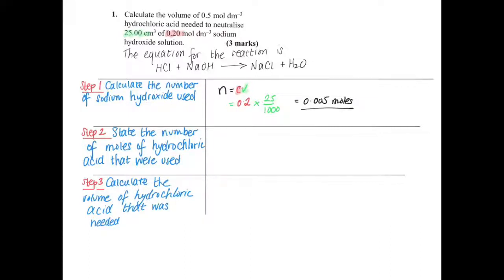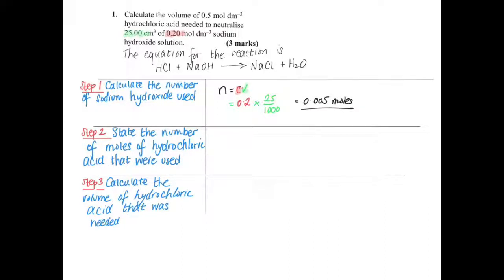That means that we had 0.005 moles of sodium hydroxide in 25 centimetres cubed of sodium hydroxide with a concentration of 0.2 moles per decimetre cubed.